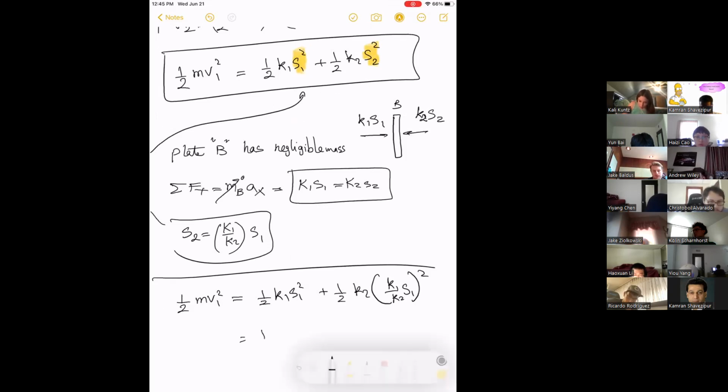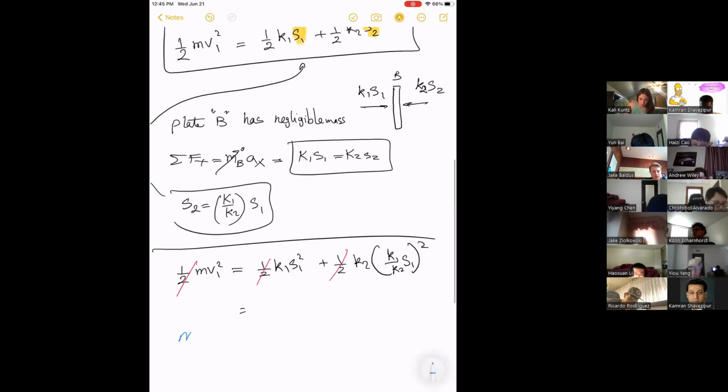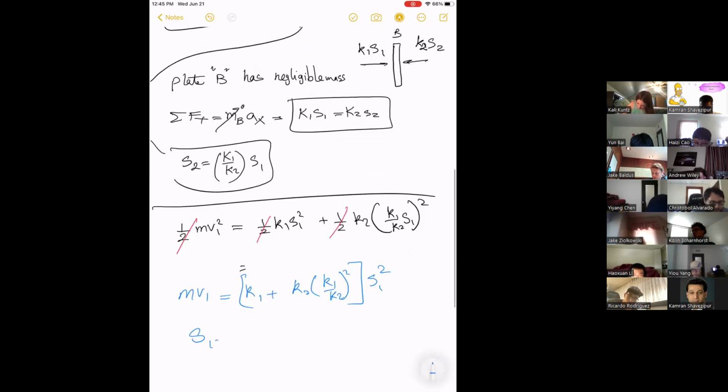You can get rid of all the halves. So you're going to get mv1 squared equals (K1 plus K1 squared over K2) times S1 squared. And you get your S1 and S2 calculated.